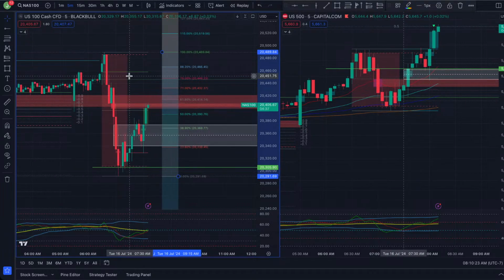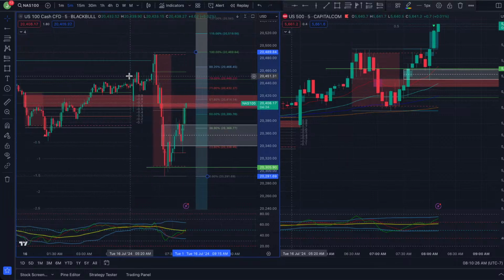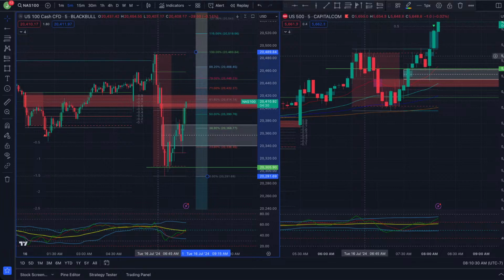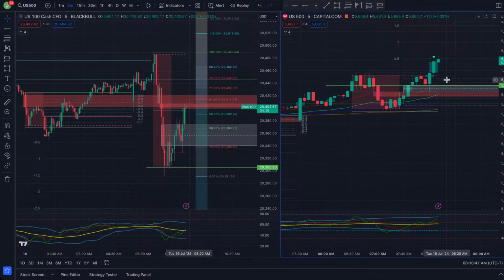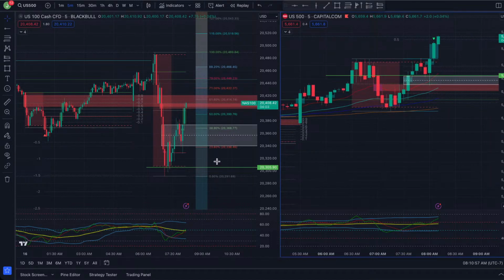Or it'll take out the highs created at open and follow suit with US 500. US 500 already gave us a bullish confirmation. And it's already reached 0.5 standard deviations. I want to see it retrace back into one of our key zones, and then push up again. And in doing so, we'll most likely pull NAS with it.